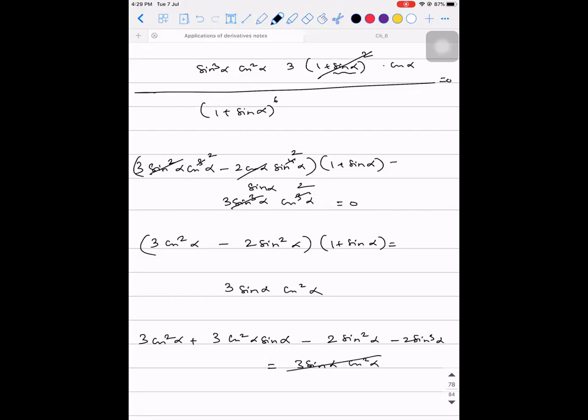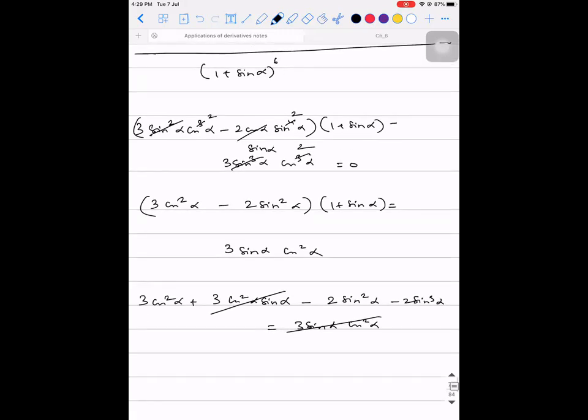So 3 sin alpha cos square alpha cancels. Okay, 3 cos square alpha should be equal to 2 sin square alpha into 1 plus sin alpha.